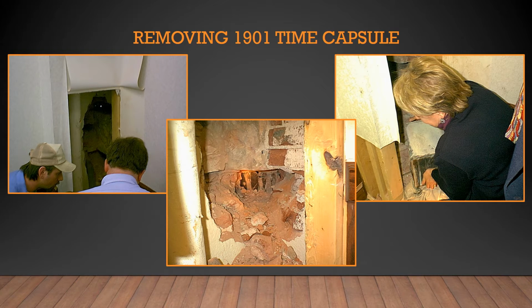Here we have 3 images of the removal of the time capsule. The first 2 show the hole in the wall the County Services Department had to create to get the time capsule out. They used sledgehammers to break through the plaster and brick to get into the cornerstone. The last image is of our former archivist, Jillian Hill, removing the time capsule from the wall.